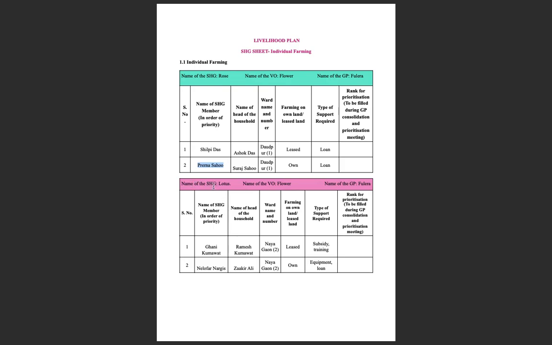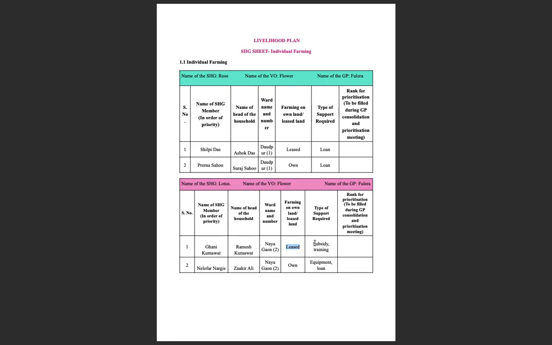Now we come down and see what is the status of Lotus SHG. Lotus SHG from Flower VO. Here in the column of name of SHG member, Ghani Kumawat, whose head of the household is Ramesh Kumawat and who lives in Nayagaon, wants to do individual farming on leased land, and she wants to take subsidy and also training.